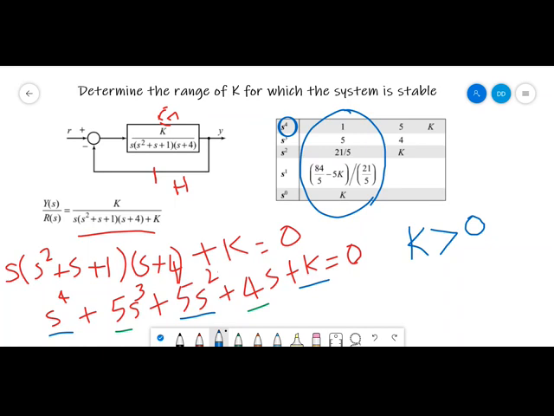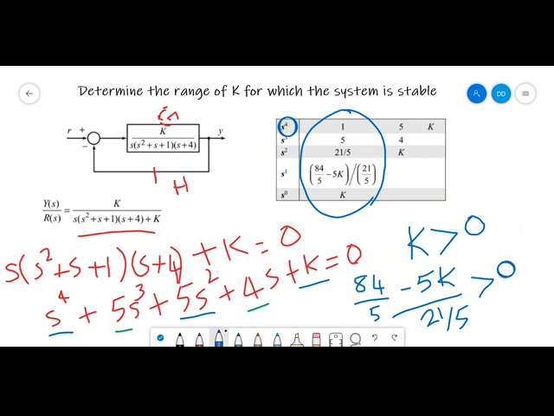Then we have the s power 1 row element as (84 by 5 minus 5K) divided by 21 by 5. This also should be greater than 0.